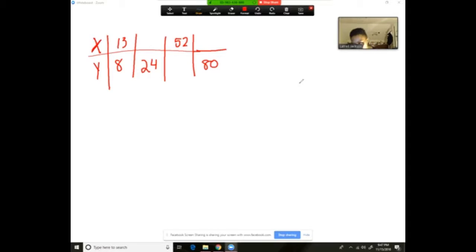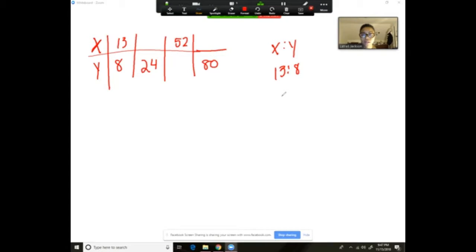With ratio tables, what we want to do is get the ratio that's in the simplest form. So the ratio is x to y, okay? So we got 13 to 8, that's a ratio. Something to 24 is a ratio.